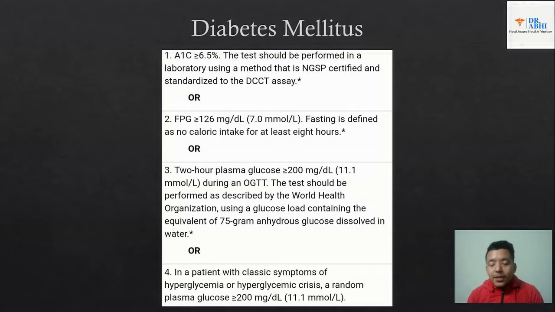The postprandial blood sugar, that is 2 hours of plasma blood glucose more than 200 mg per dl during an OGTT. This test should be performed as described by the World Health Organization using a glucose load containing the equivalent of 75 grams of anhydrous glucose dissolved in water.